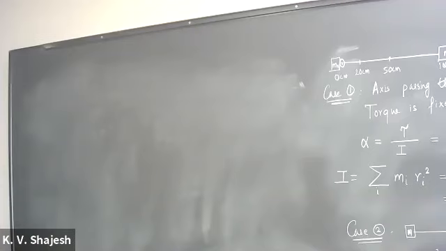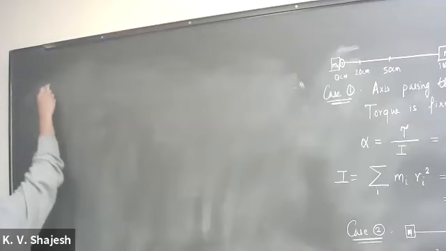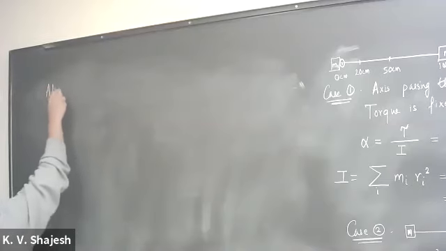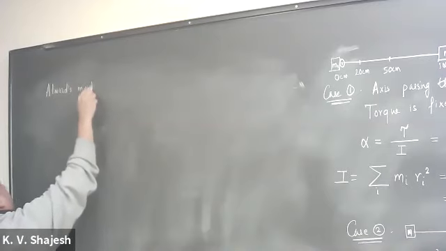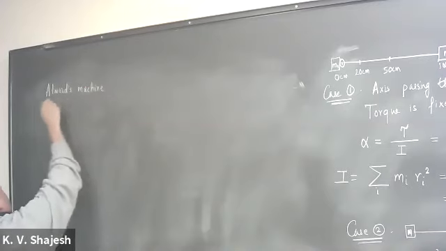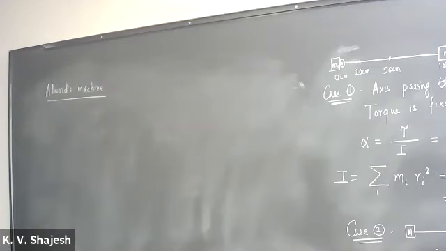The first example we will do is that of an Atwood's machine, an example we worked on some time ago while we were doing linear motion.